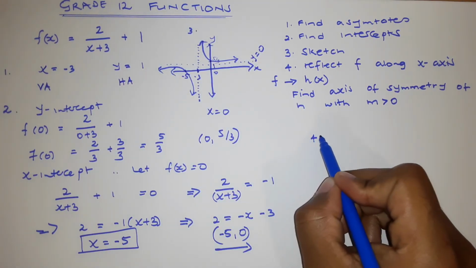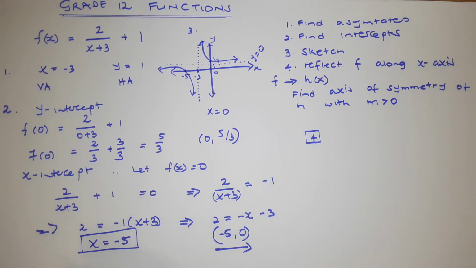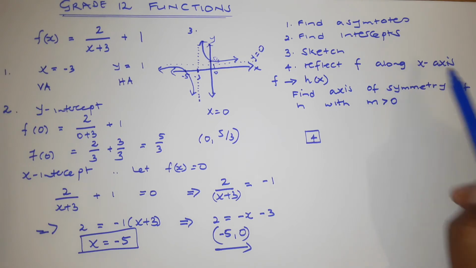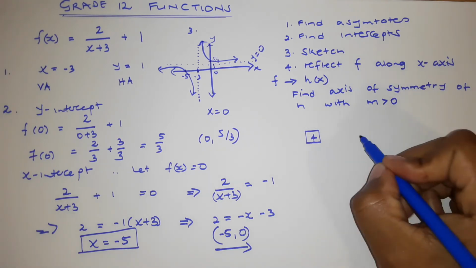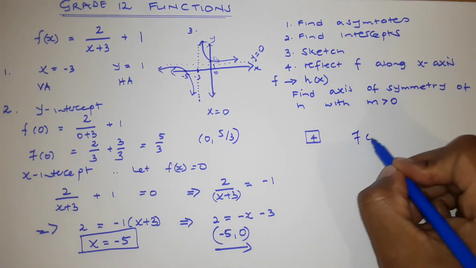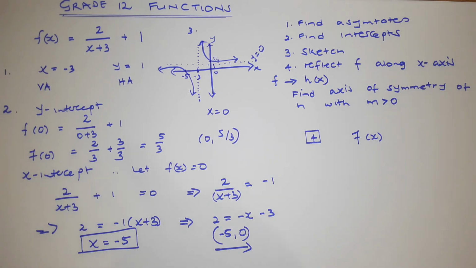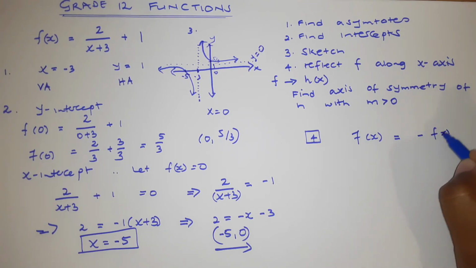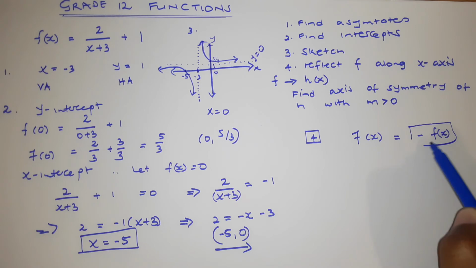Now for number 4, they say f was reflected along the x-axis. If f of x is reflected along the x-axis, it's going to be negative f of x, which is named h.